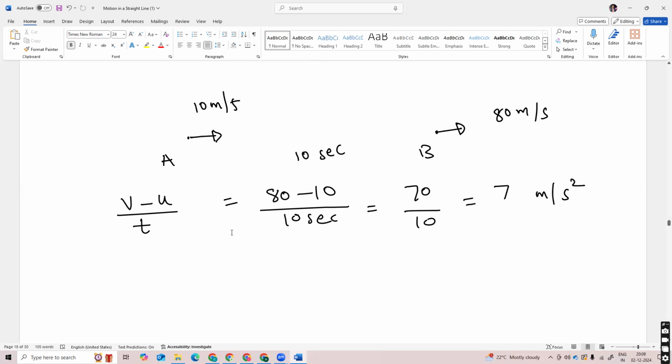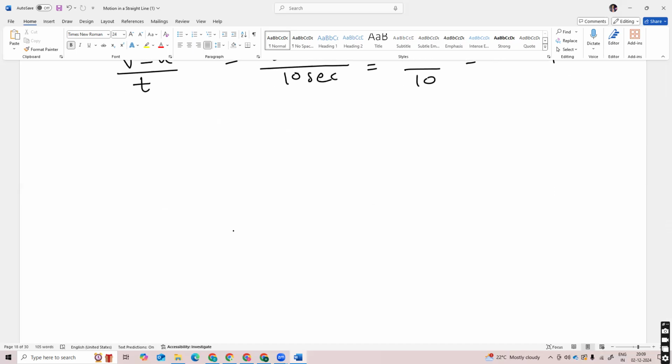They can also give you a question similar to this, where the 10 seconds is not given. Let's say at point A the velocity was 5 meter per second, at point B the velocity was 10 meter per second, and the acceleration of this vehicle is 2 meter per second square.